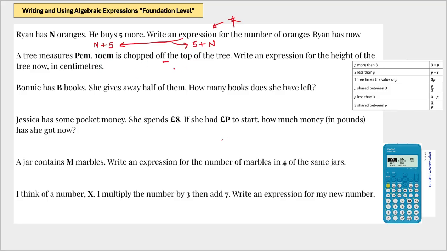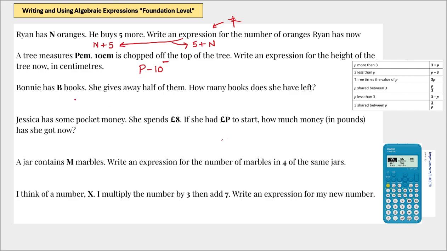So we now have P subtract 10. That's your expression. P minus 10 because it's been chopped off. Can you write it a different way? You can, I suppose. I haven't, but you could.